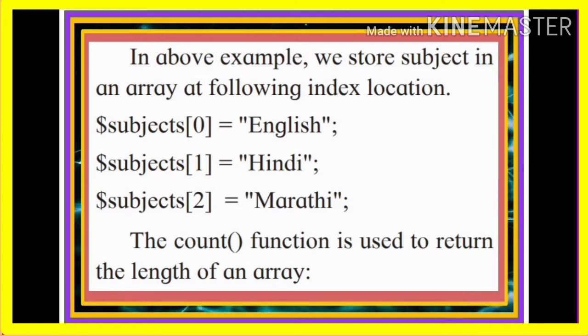Here in index location 0, the English subject is stored. In index location 1, the Hindi subject is stored, and in index location 2, the Marathi subject is stored. The count function is used to return the length of an array.